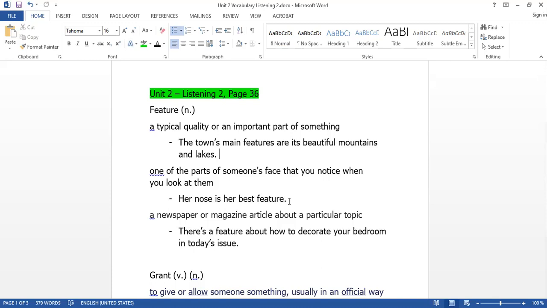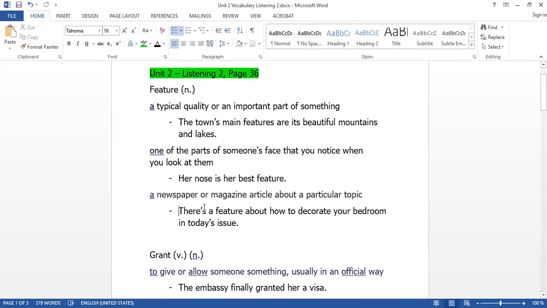The third meaning that I put here is a feature in a magazine or an article in a newspaper, anything that you read. When you read an article about something, that could be a feature already: a newspaper or magazine article about a particular topic. For example, there's a feature about how to decorate your bedroom in today's issue.